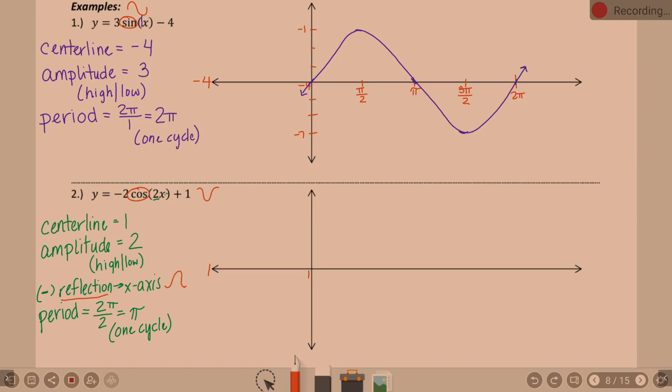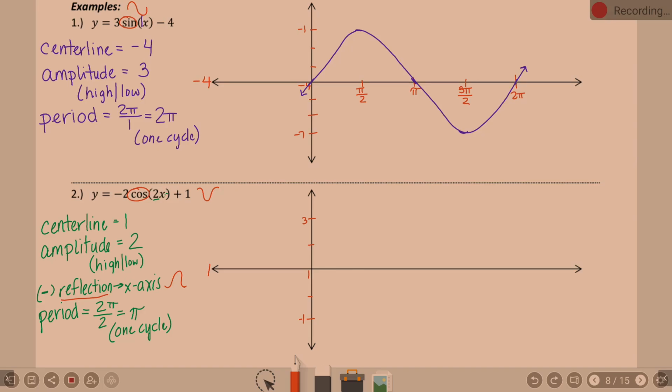So from 1, you're going to go up 2 and down 2. What is up 2 from 1? 3. And what is down 2 from 1? -1. You guys may laugh, but some of you will miss points because you goof those numbers up.